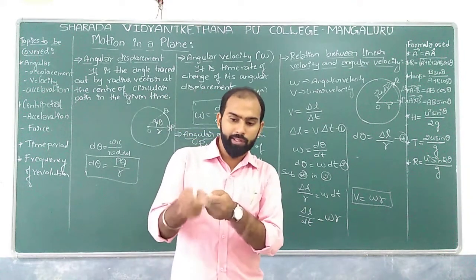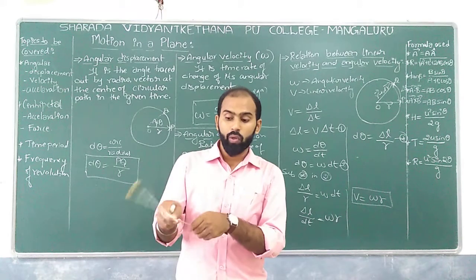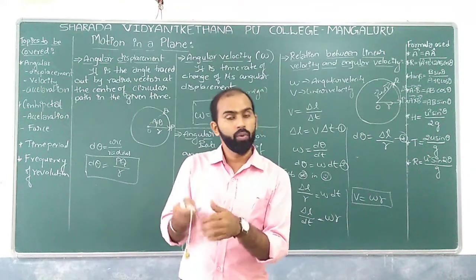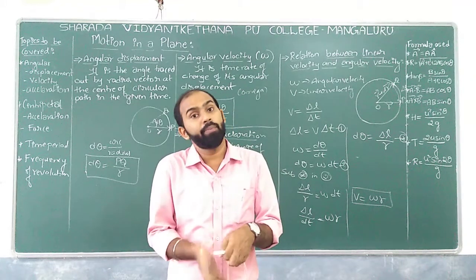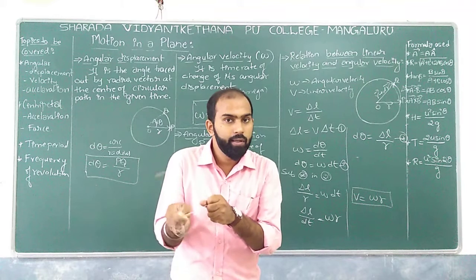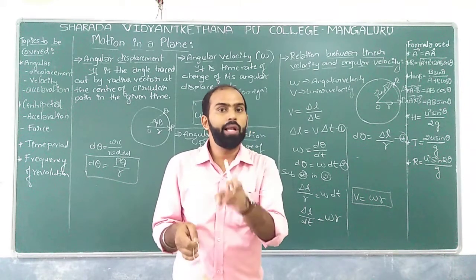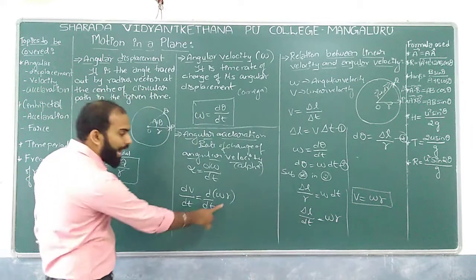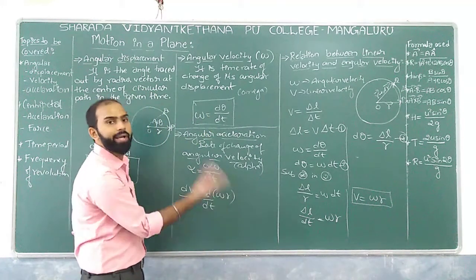Do you think that while rotating something like this with a fixed value, the radius is going to vary? Then what factor can be varied while rotating something like this? Obviously, the angular velocity can be varied, right? So now, since R is constant over here, we can take it outside.